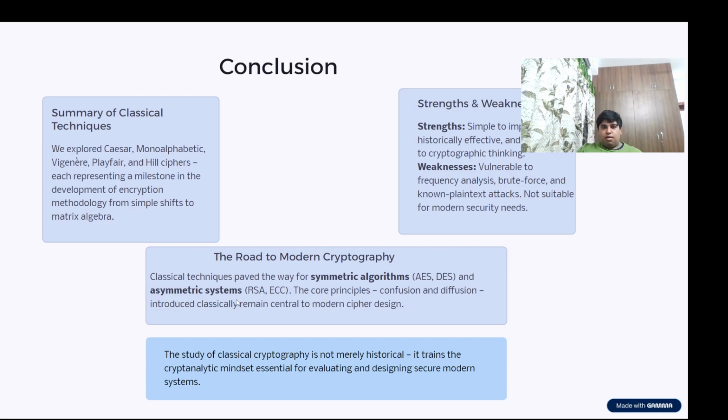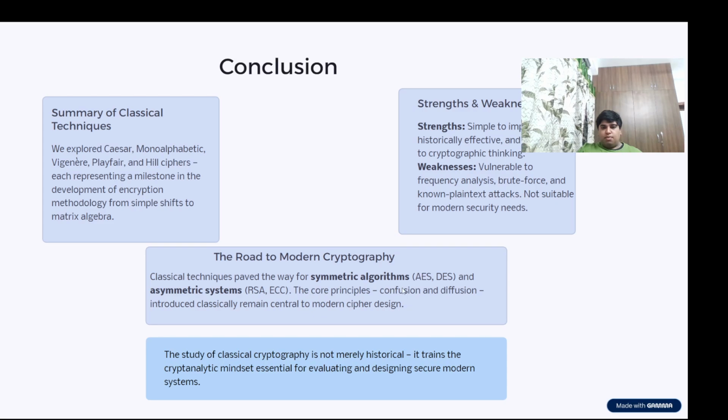And these classical techniques actually laid the road to modern cryptographic techniques because they played a key role in symmetric algorithms such as DES, and asymmetric systems such as RSA and ECC.